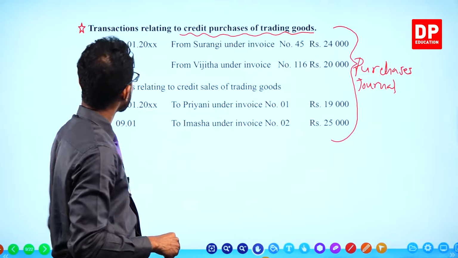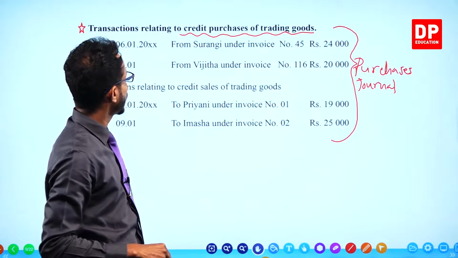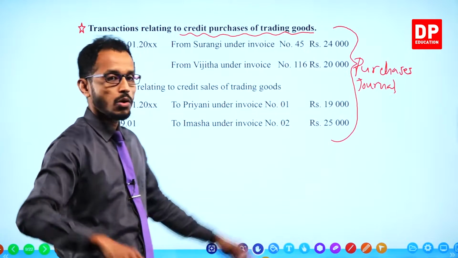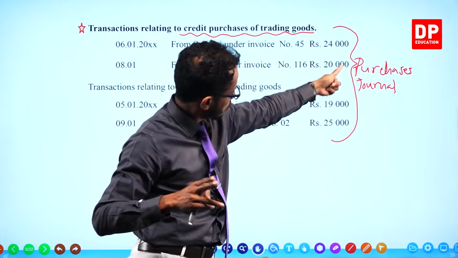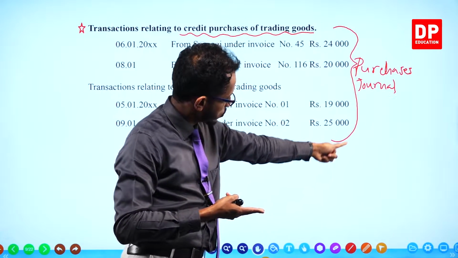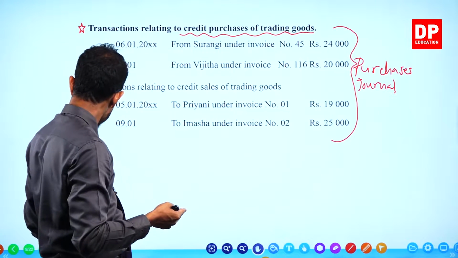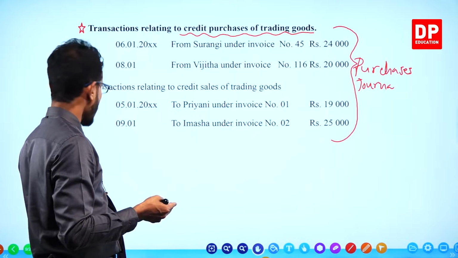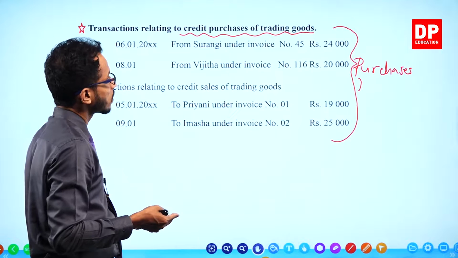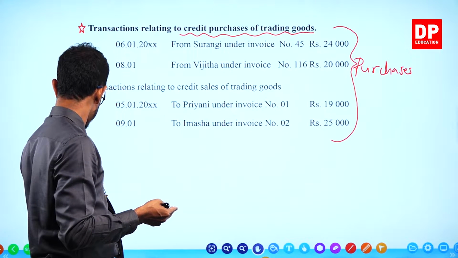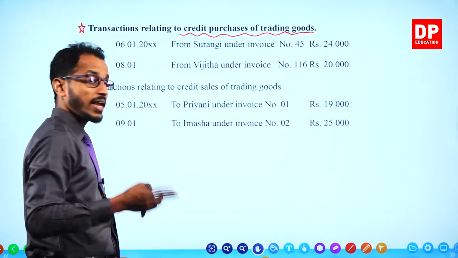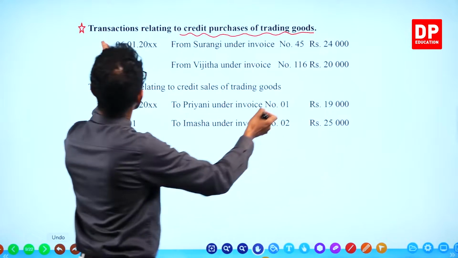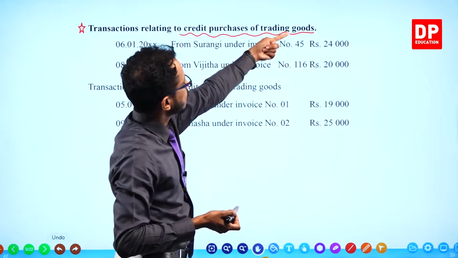Wait, I put the curly bracket a little too long. I have to undo that. Okay, now, these are the transactions related to purchasing of trading goods.